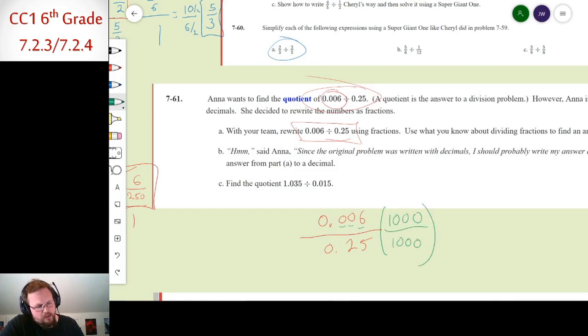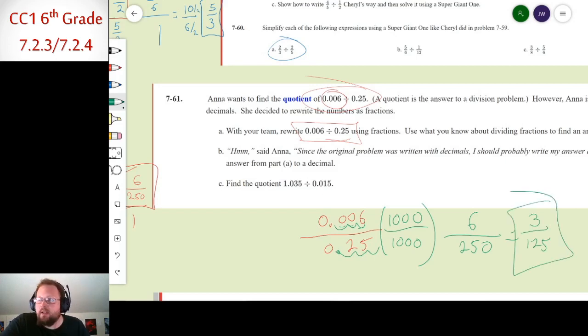What that's going to do is move this decimal 3 spots to the right, which becomes 6, and this decimal goes 3 spots to the right, which becomes 250. And then I can reduce this by 2 to get 3 out of 125 and leave it like that.